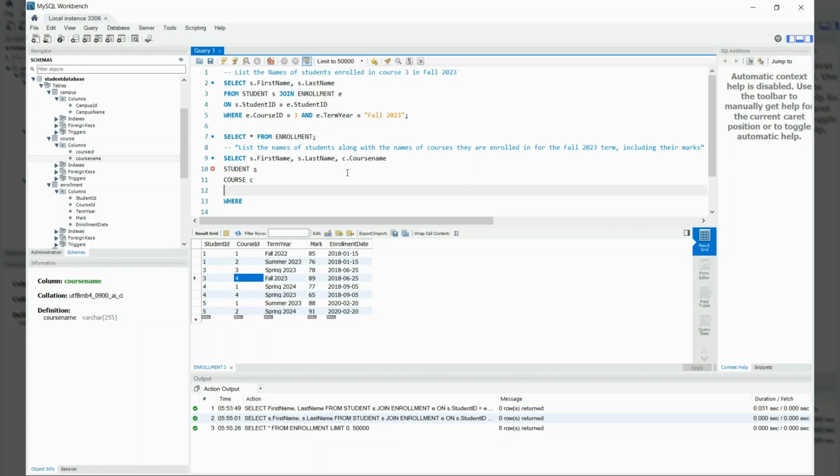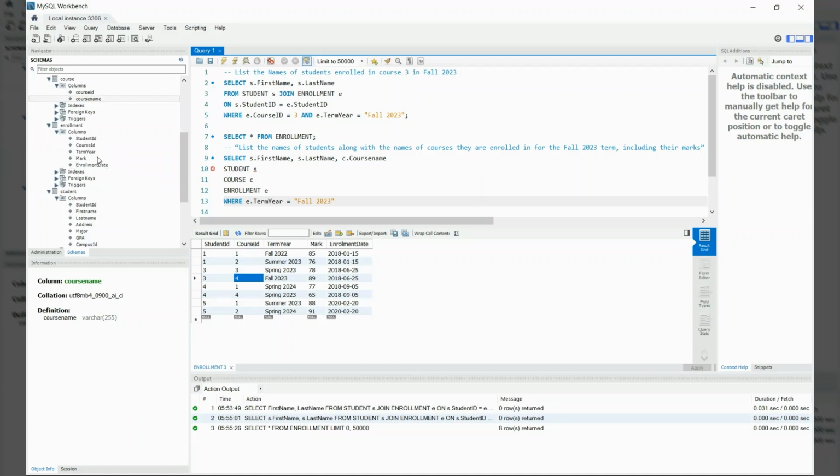So we have to include another entity here, enrollment, and it is e.term_year is equal to fall 2023, including their marks. So we do not have more conditions. We have only one condition, which is e.term_year is equal to fall 2023. But it says that we also have to include a mark. If you look at your entities, you can find the mark in enrollment. So you write here e.mark.